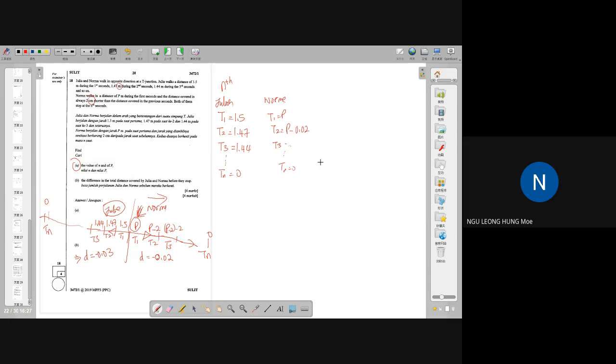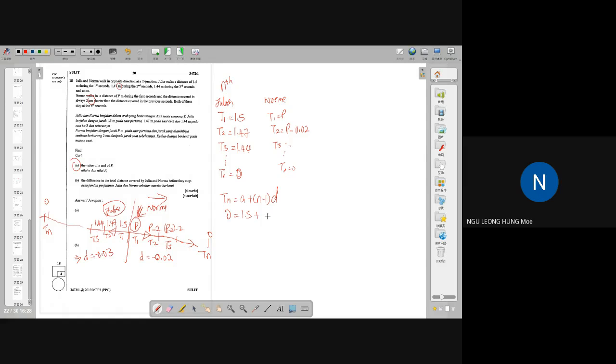So, let's say untuk Julian, Tn equal to a plus n minus 1 d. So, a is 1.5. Tn equal to 0. 0 lah.